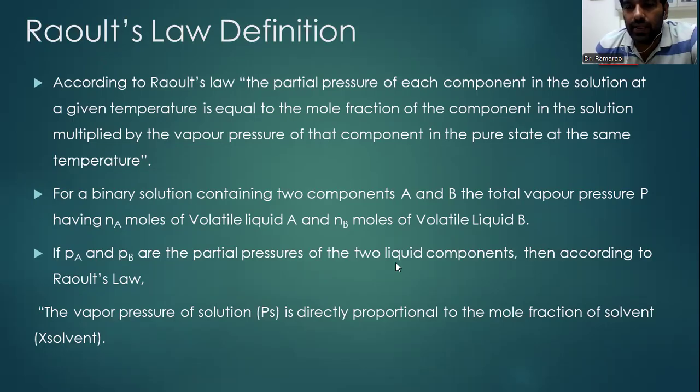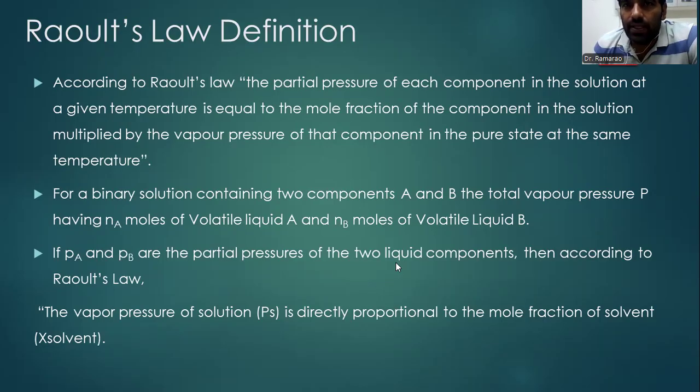It means that V solvent plus V solute equals V solution. In simple words, delta V mixing equals zero. In the same way, the heat change on mixing, the enthalpy of mixing, should be zero. It means heat is neither absorbed nor evolved, so the change in enthalpy is zero.